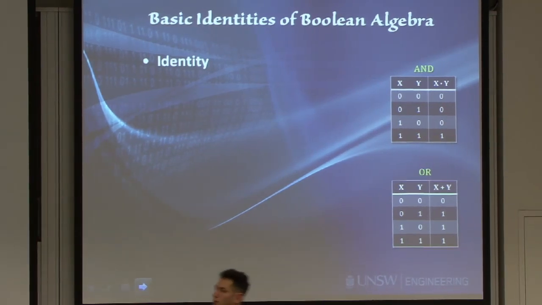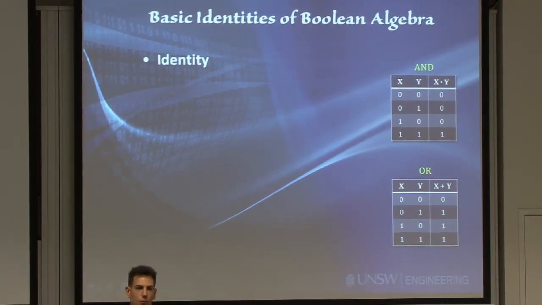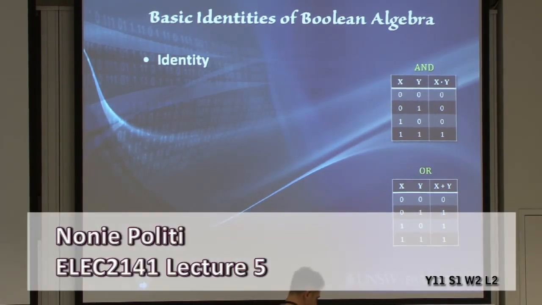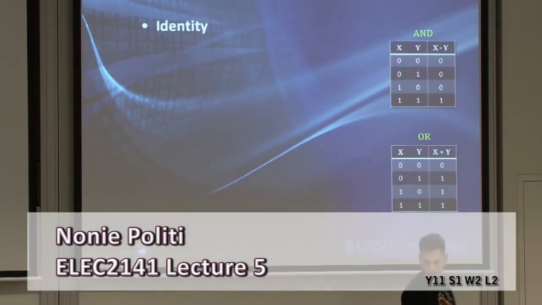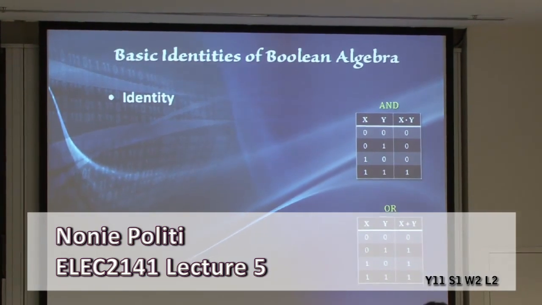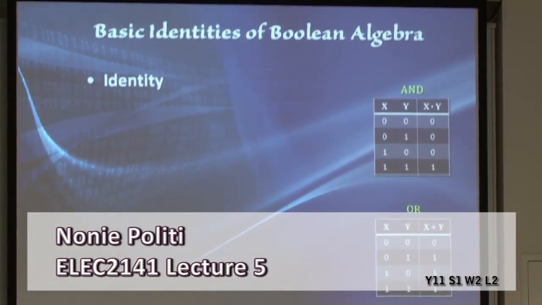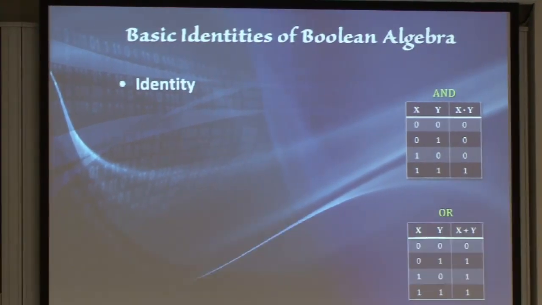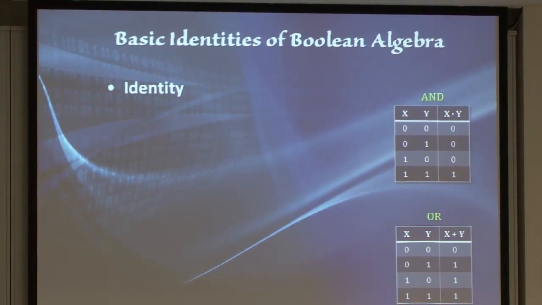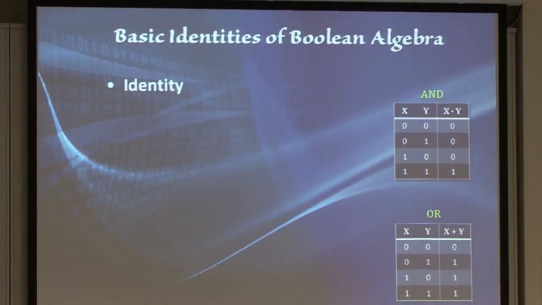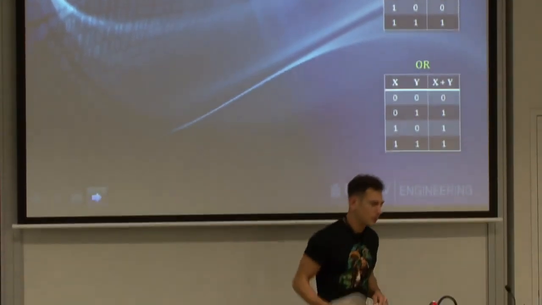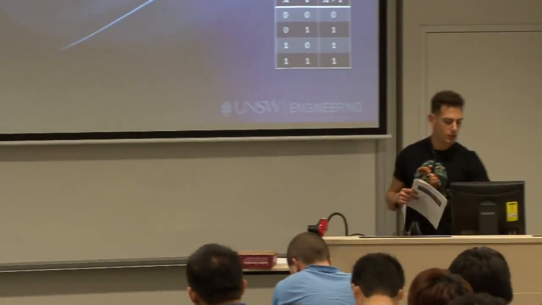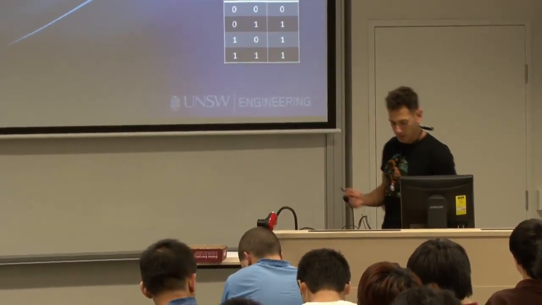So we showed some Boolean operations you can do on two variables, and from those three operations that we have, we can come up with a few fundamental identities that we will use in Boolean algebra. Some of them are straightforward and make sense, some of them less so.